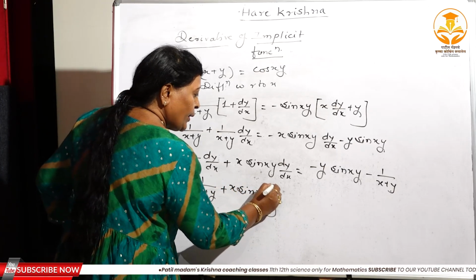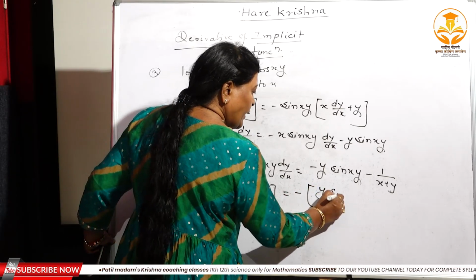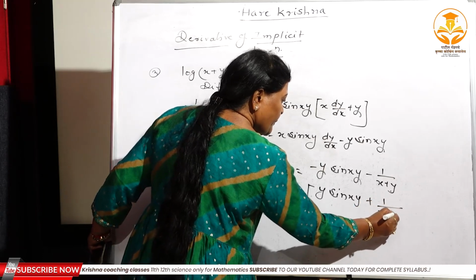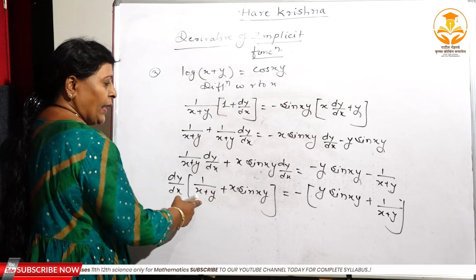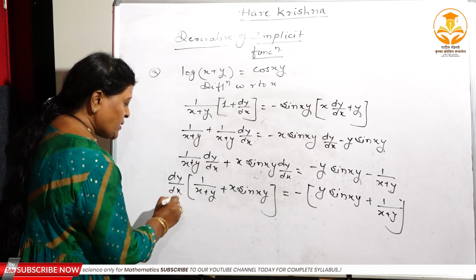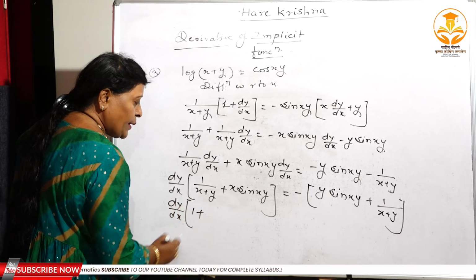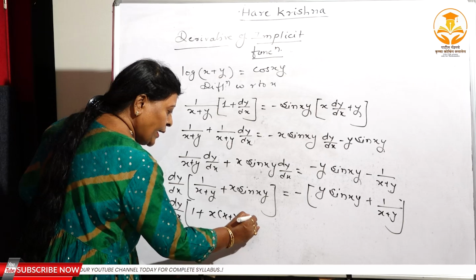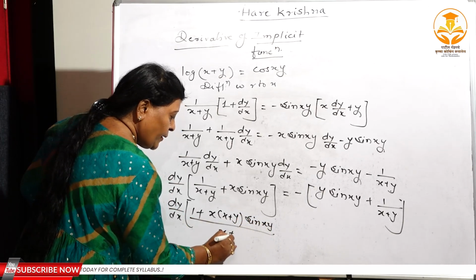Here again you can take the minus sign common, and here you have y sin xy plus 1 upon x plus y. Right? Again you can do the cross multiplication so that x plus y gets cancelled. Therefore dy by dx: here in the bracket make the cross multiplication, x into x plus y into sin xy divided by x plus y.